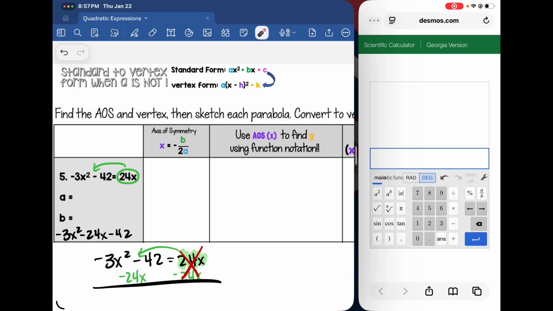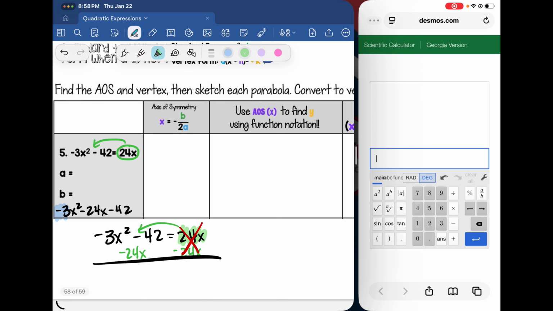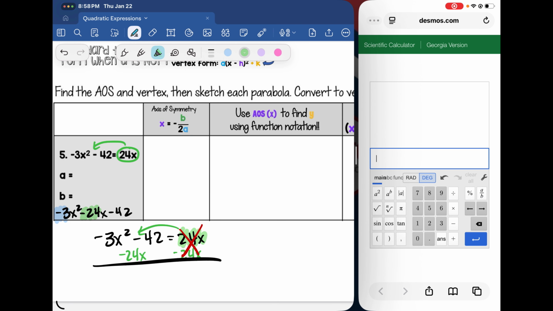What is your A value? You should have said that your A value was negative 3. What was your B value? You should have said your B value was a negative 24. So A is negative 3 and B is negative 24. All right.